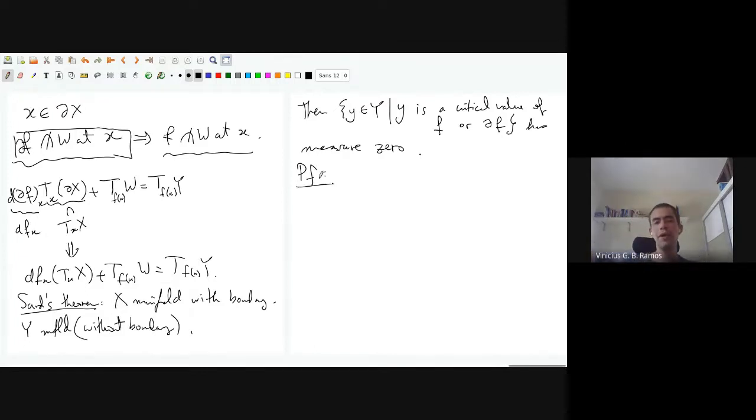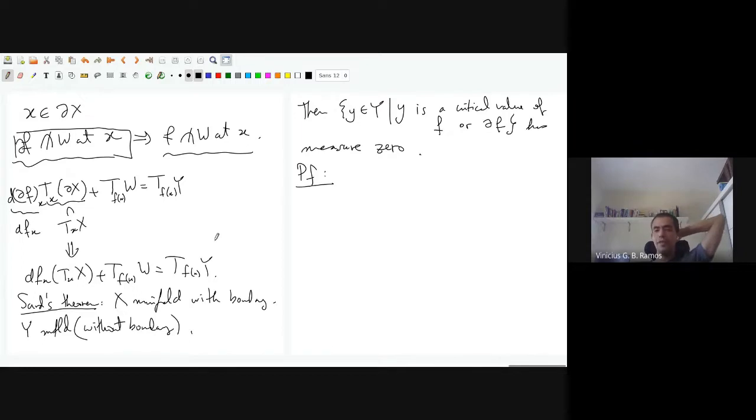So this is the set of points that are not good to apply the theorem of critical value. So basically you can take the pre-image for points in Y which are regular values of F and of the boundary of F. And it doesn't matter if Y actually has boundary or not, because if it has boundary, then the boundary is a set of measure 0 too.